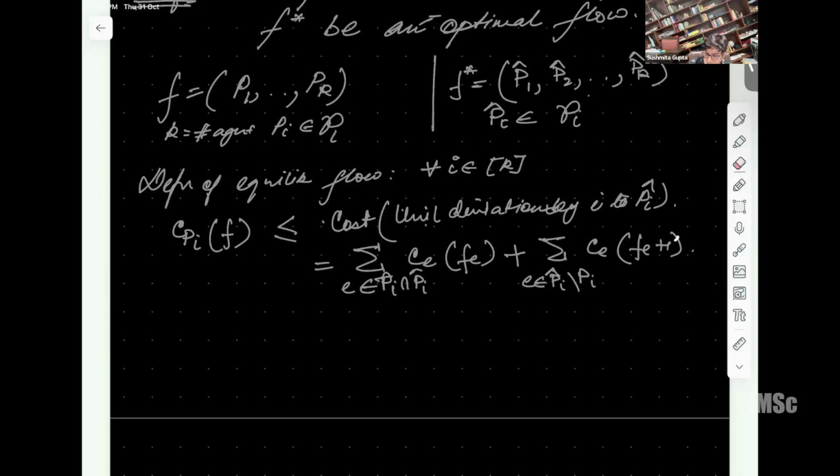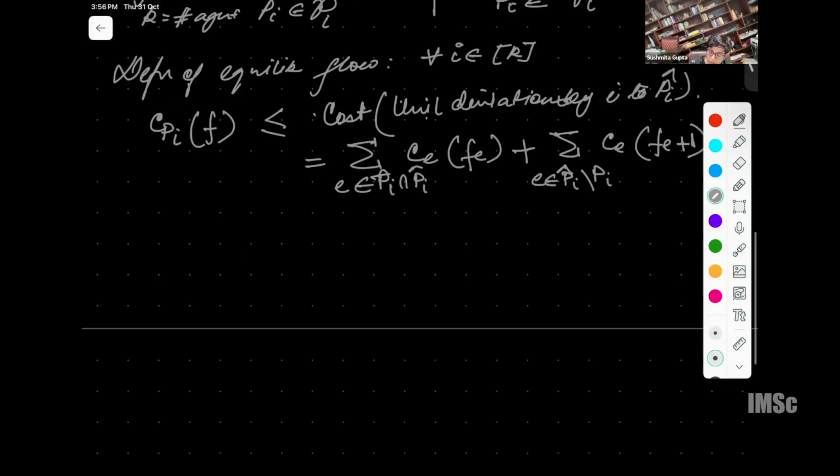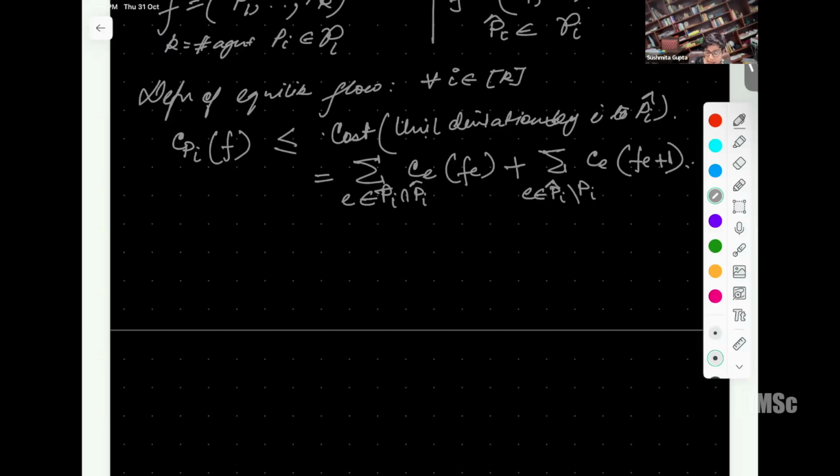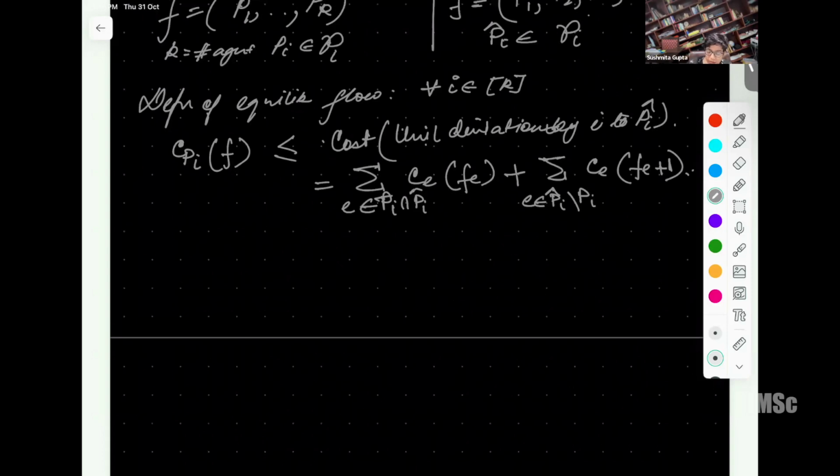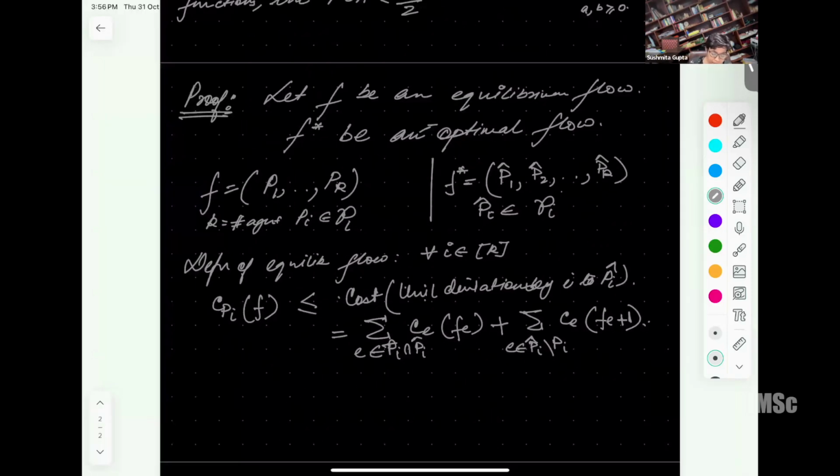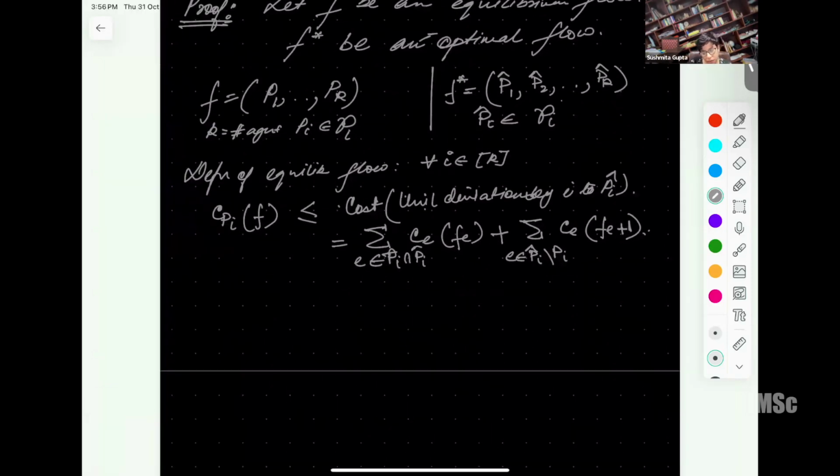Good. Okay. So now, using this, how do we extract the kind of bound that we need, to complete the analysis for this 5/2 bound? So I should just write this down here.